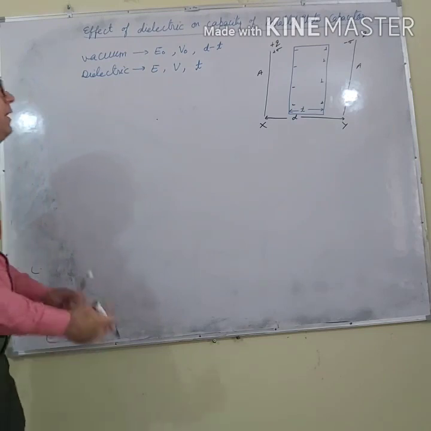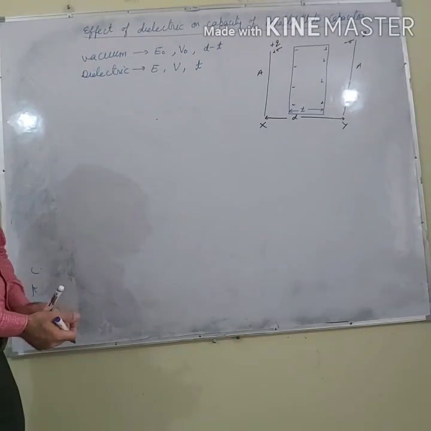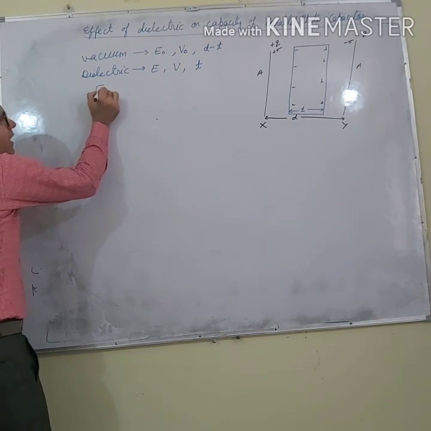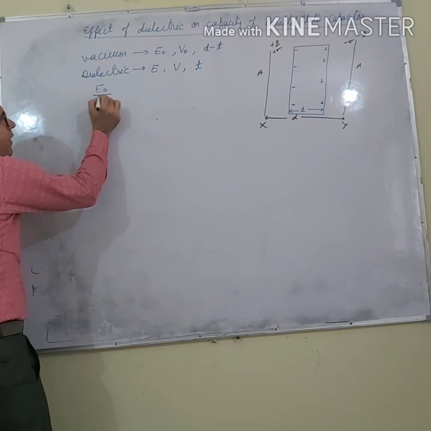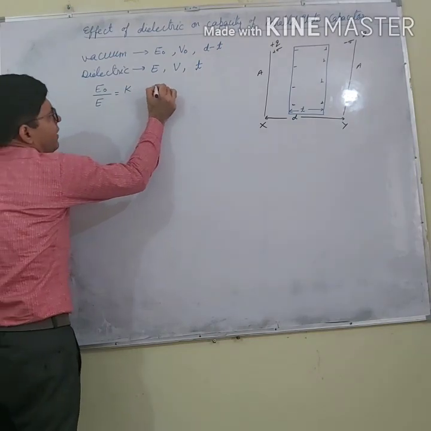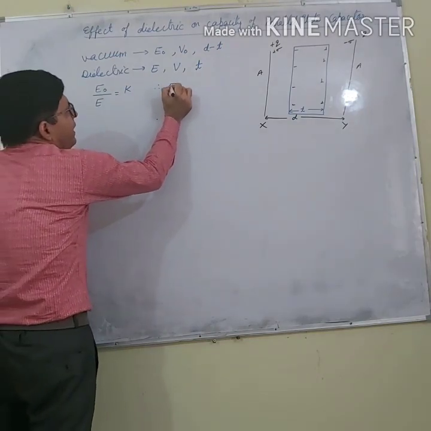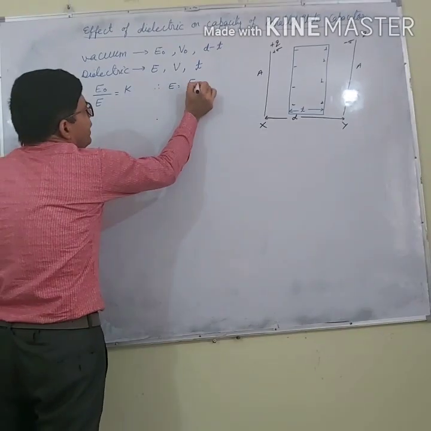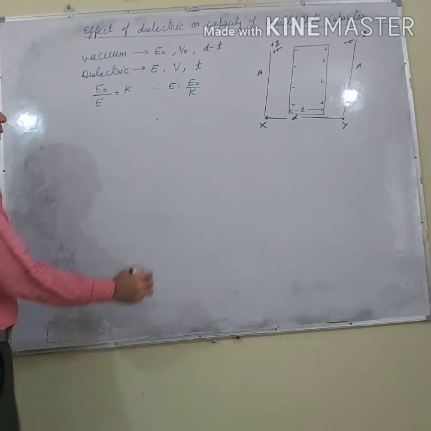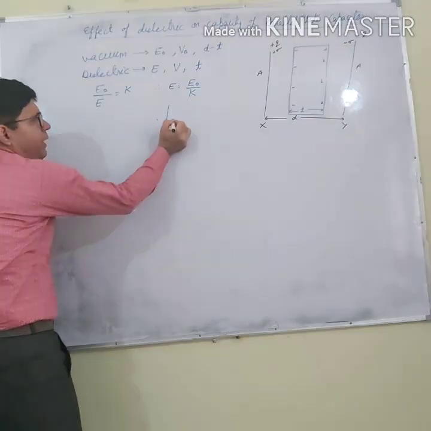Right? Now all of us know that the electric field in vacuum divided by the electric field in a medium equals the dielectric constant. So therefore we can write E equals E naught by K. And second point is, in Gauss law, what we did?